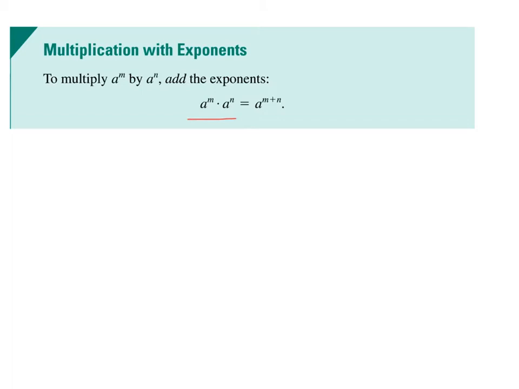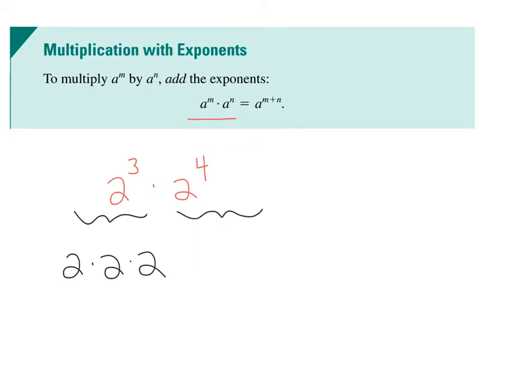If I had 2 to the third times 2 to the fourth power, remember that 2 to the third tells us that I've got 3 2's multiplied together. And 2 to the fourth power, and I'll do that in blue, tells us that I've got 4 2's multiplied together. So if I look at how many 2's there are sitting there all together, there are 7 of them.